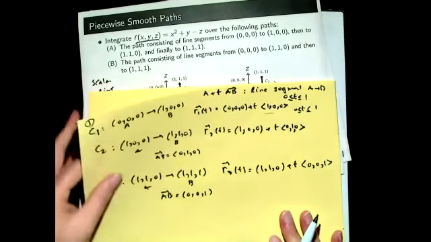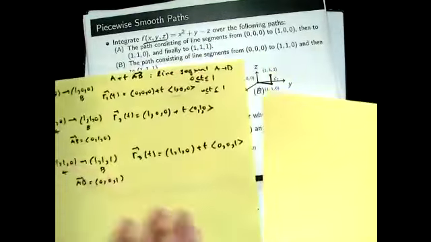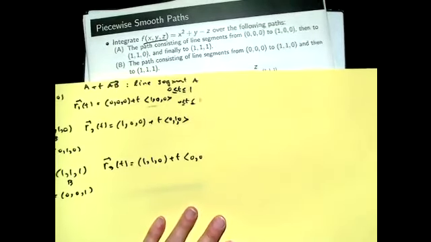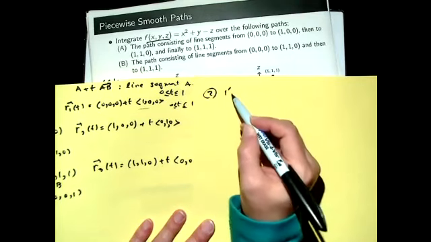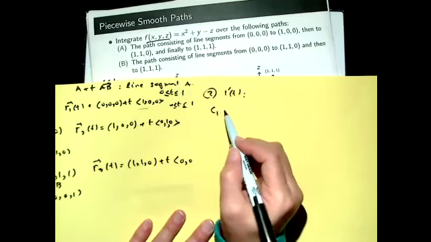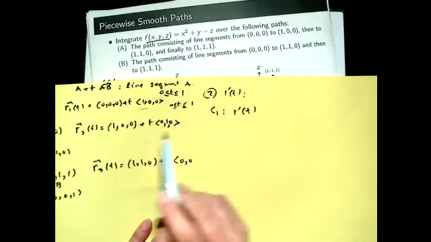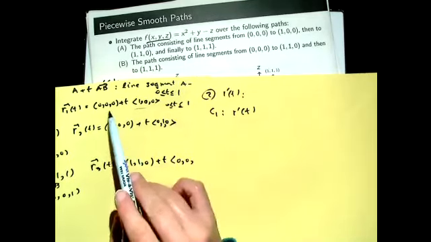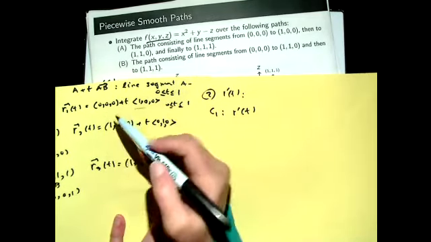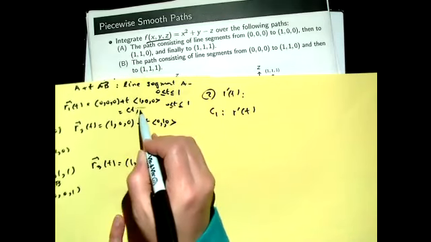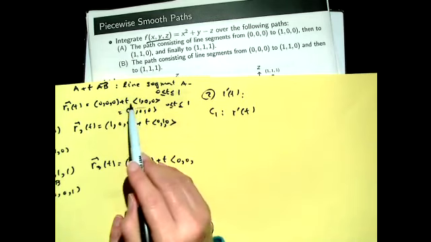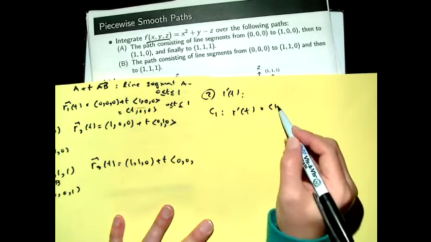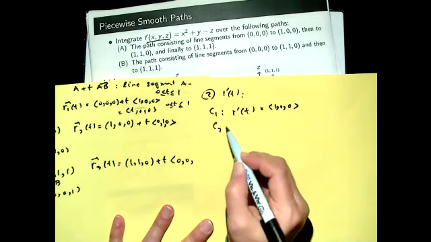Are you guys going to be okay if I write it on the next page like this? Can you see this page? Okay. Why am I doing that? Because I want to find R prime for each one separately. For C1, R prime of T is here. I can put all these together and I get T, 0, 0, right? But also I know R prime is just going to be what multiplies T. So I will have 1, 0, 0.